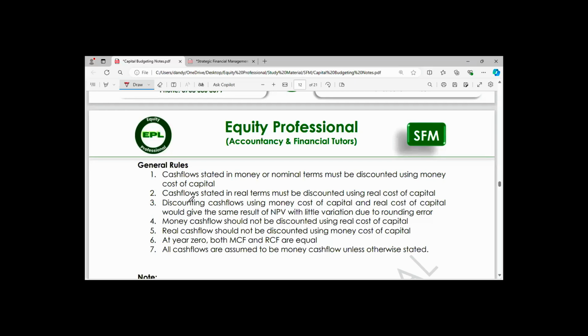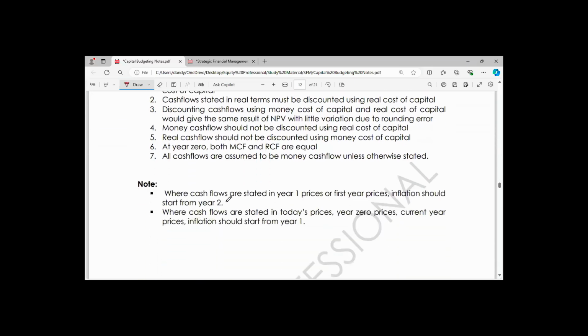But most importantly, when you want to calculate your cash flows, this is the one you are going to need. All those other ones are irrelevant to me. When you want to inflate your cash flows, the major thing you need to take into consideration is the additional information I put here. Where cash flows are stated in year one prices or first year prices, inflation should start from year two.